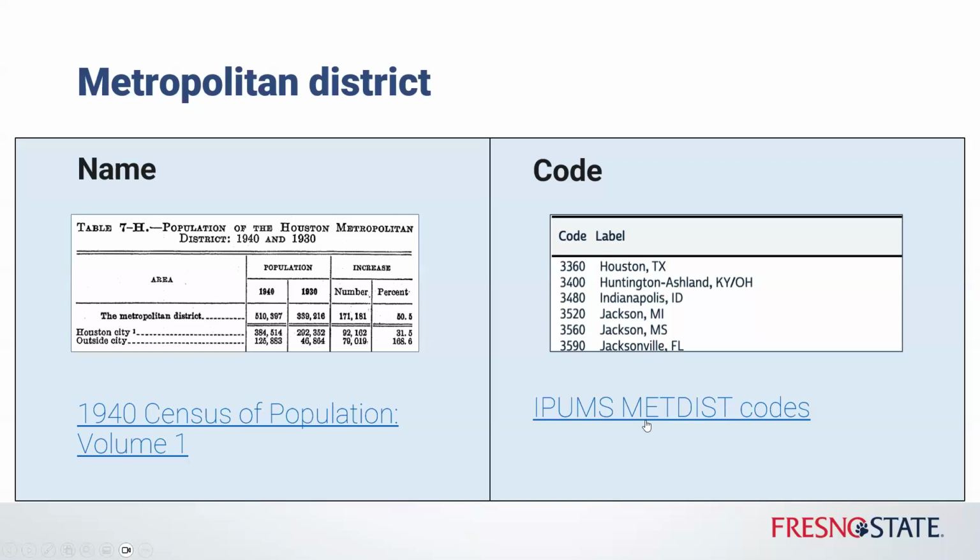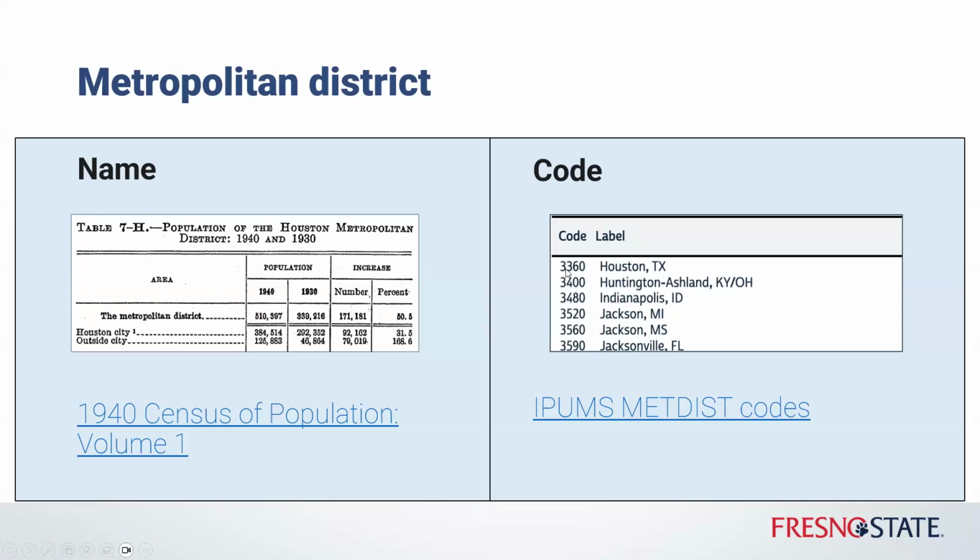You're also going to want to know the district code. This may not be important to you right away, but it will be important later. Once the shapefile is done, we will join the census microdata to that shapefile. In order to do that, we need the IPUMS code for that metropolitan district.